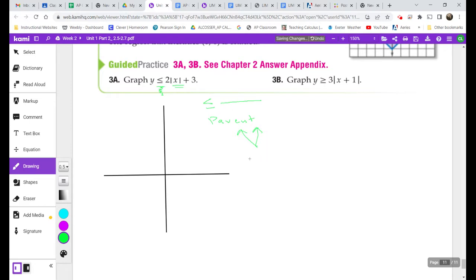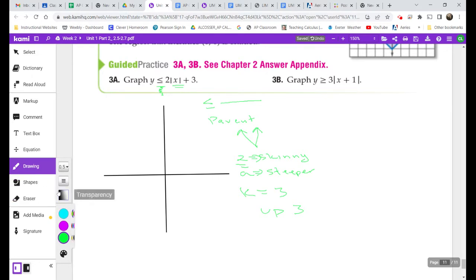The 2 makes it skinny because that's my A. Remember, A is greater than 1, makes it steeper. And then my K, which is on the outside, is equal to 3, means it's going to be up 3.